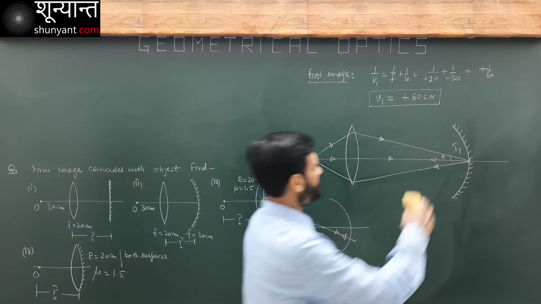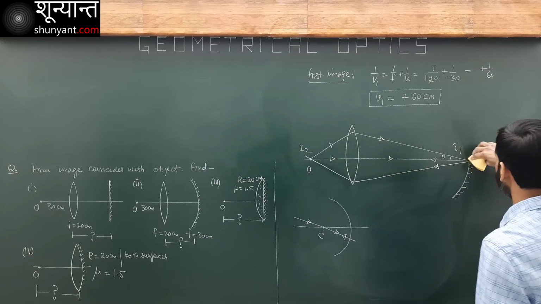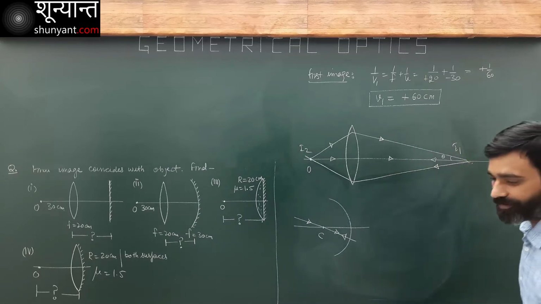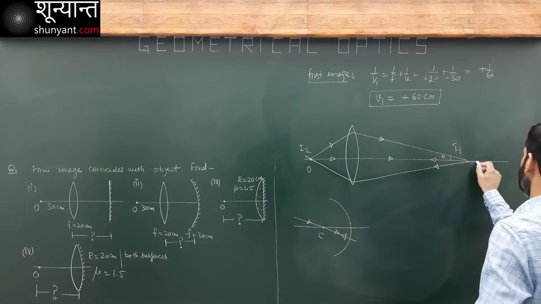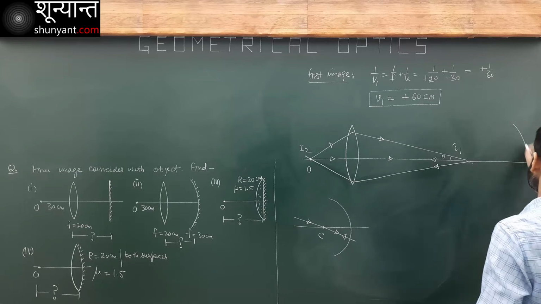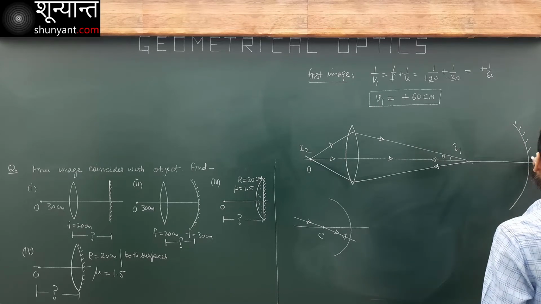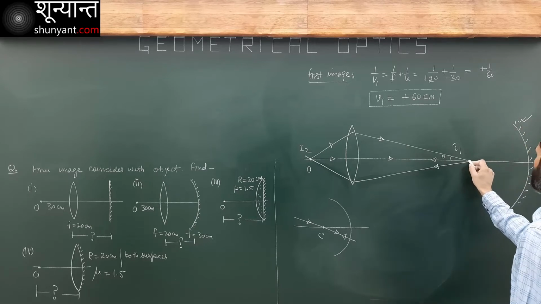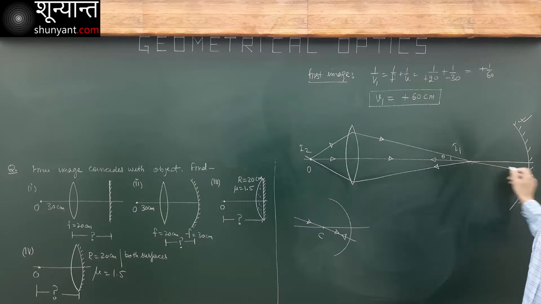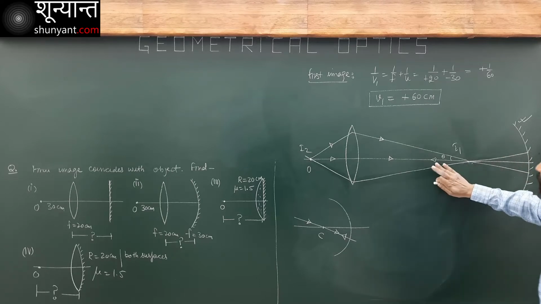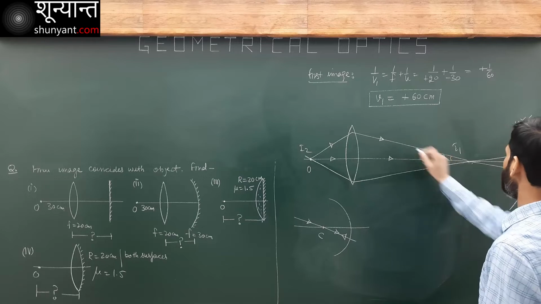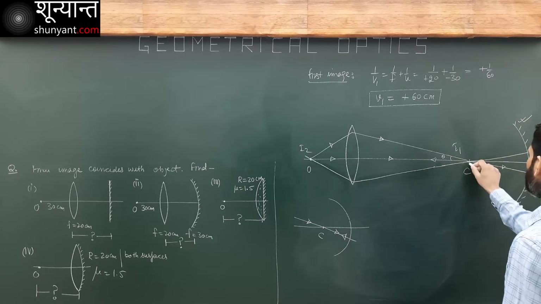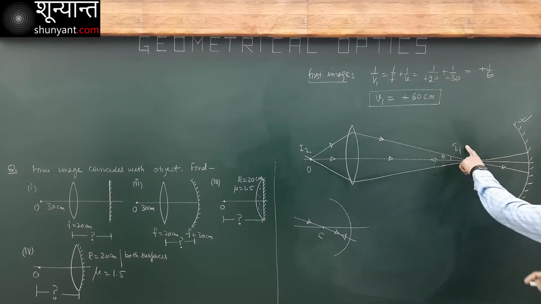I can also keep my mirror in a different way. I can keep it here at a distance such that for this mirror, this light seems to be coming from its center. So this is the first image.